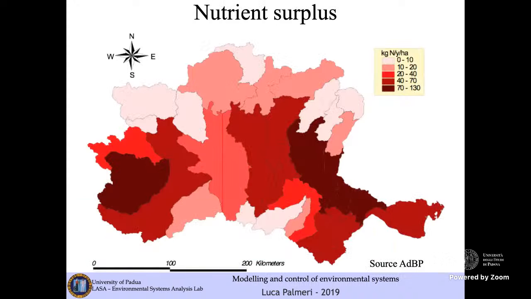Then we had to estimate the effects of agricultural activities. This is very complicated because you have to have information concerning the use of manure and fertilizers in different areas.